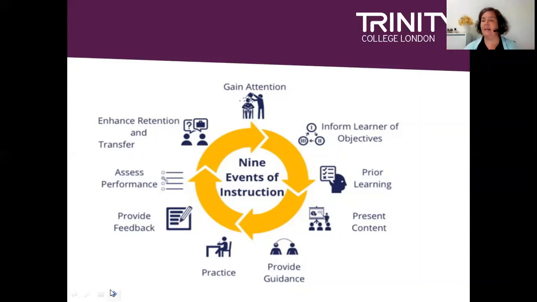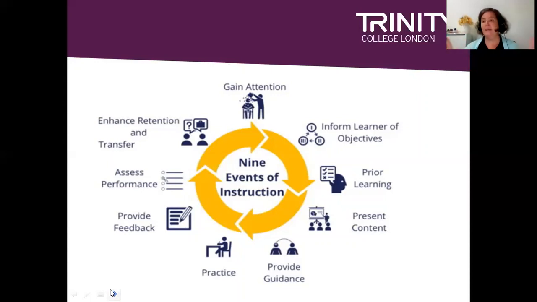We gain our students' attention, and we have to try to use whatever we have at our disposal to actually hook our students, all right? So sometimes we can use a personal story, or we might be using a video, a question, a song, a quote from somebody who is famous and we know our students are going to be interested in.